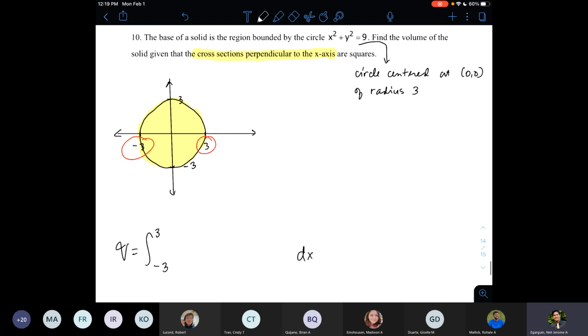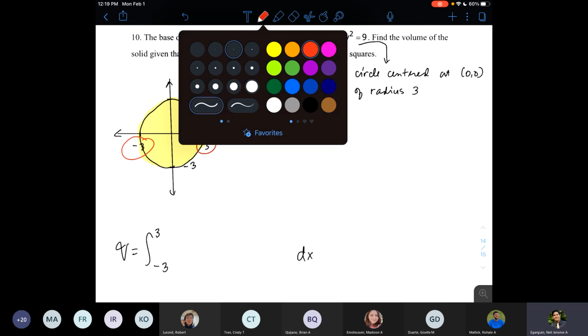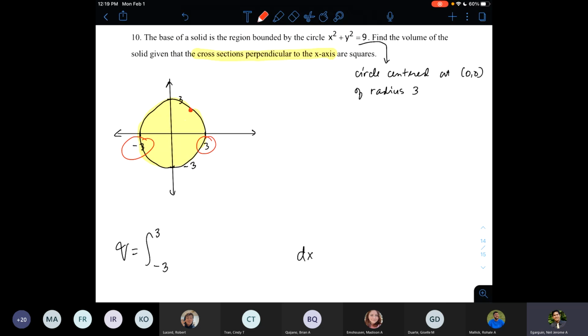And then the cross sections are squares. So here I will have a vertical strip because I'm integrating with respect to x, and that vertical strip will correspond to a square that sticks out of the screen. Basically, that's how the cross sections look. So they are squares sticking out of the screen, drawn on top of this circle. I hope you can use your imagination to picture this.